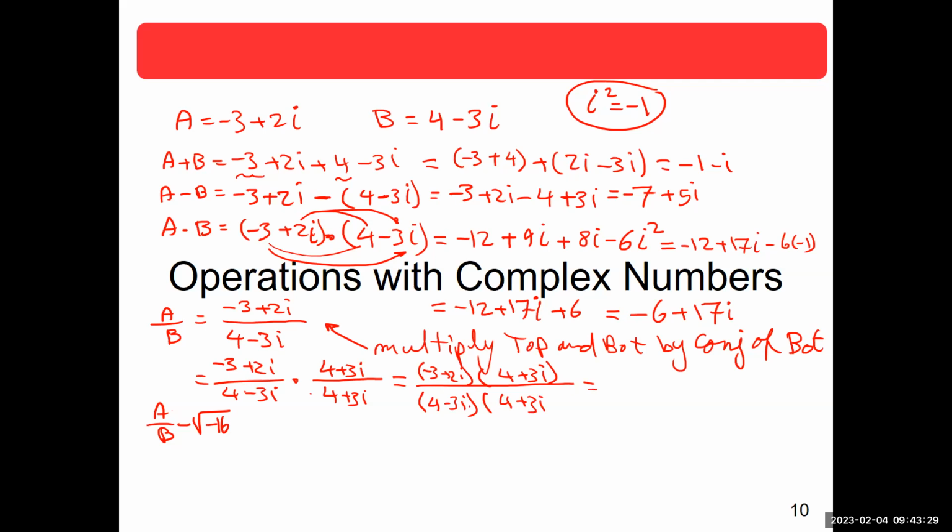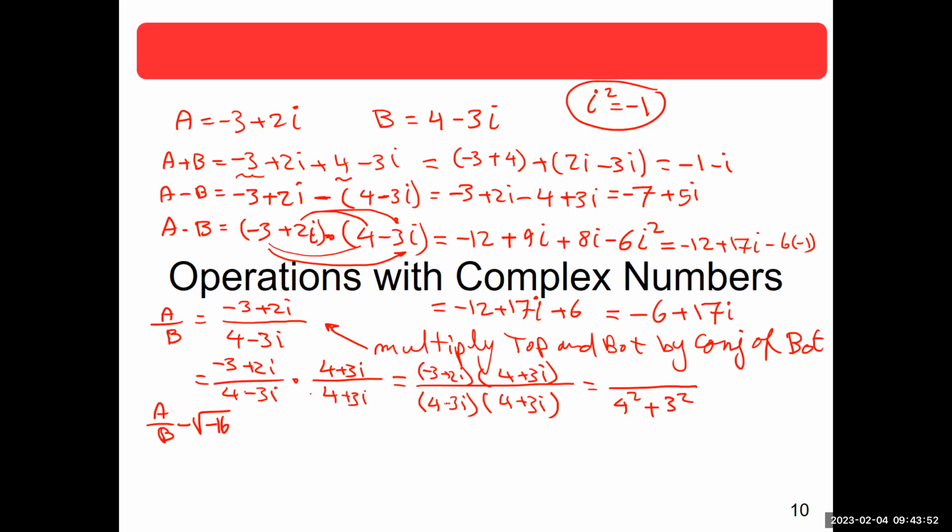Remember what's happening? Because this is a conjugate multiplied by the original, 4 minus 3i, the answer is immediately a squared plus, guys, not negative, plus b squared, 3 squared.